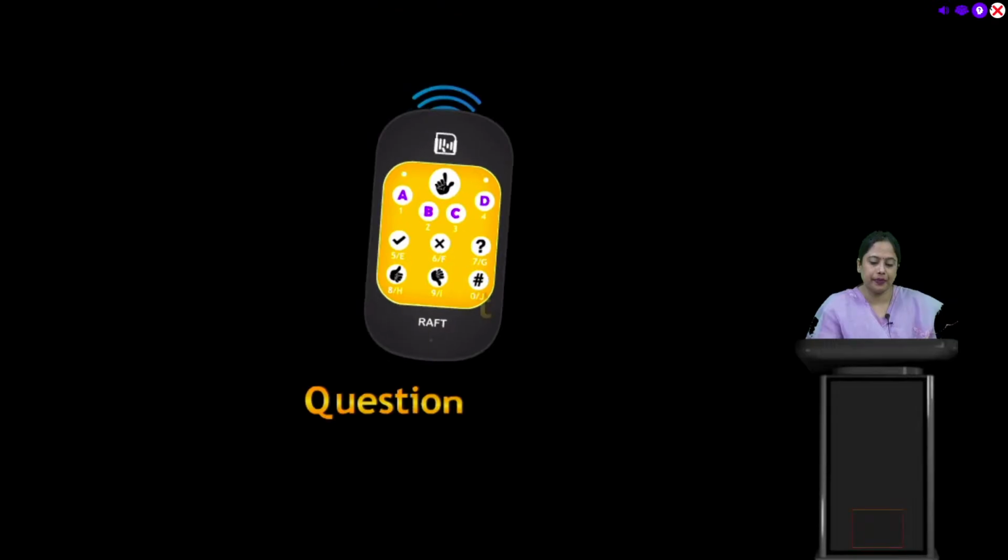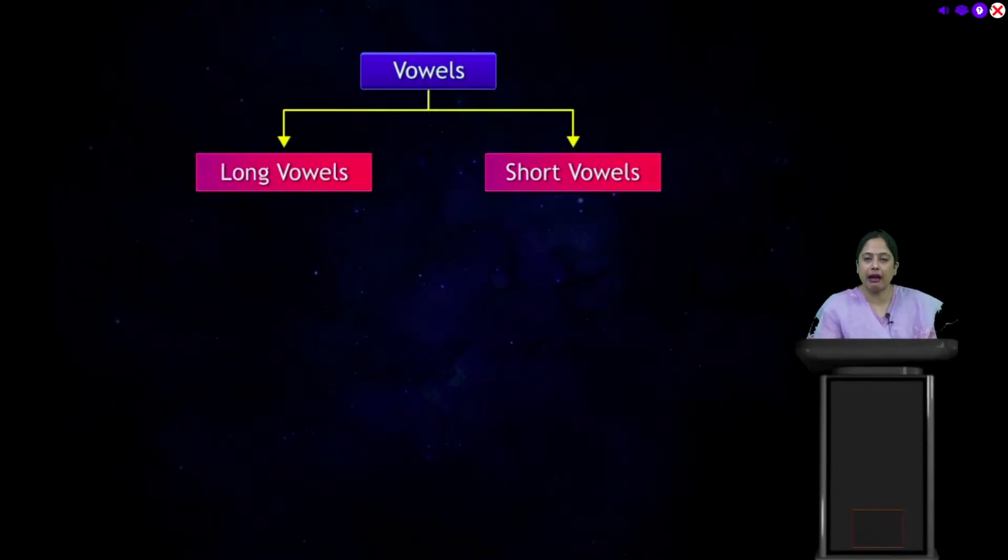That means there are two vowel sounds. Sometimes we have the longer vowel sounds, sometimes the shorter vowel sounds. One is the longer, one is the shorter. Long vowels and short vowels.